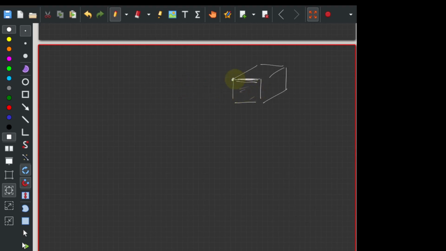What about a point on the edge? Is a point on the edge an extreme point of this particular cube? It's not, right? Is any point on the face an extreme point of the cube? It's not, right? Okay, so basically these vertices are the only extreme points of a polyhedron.